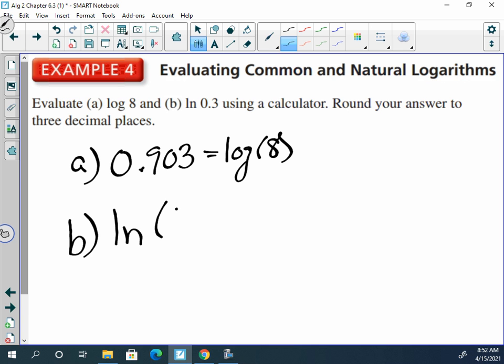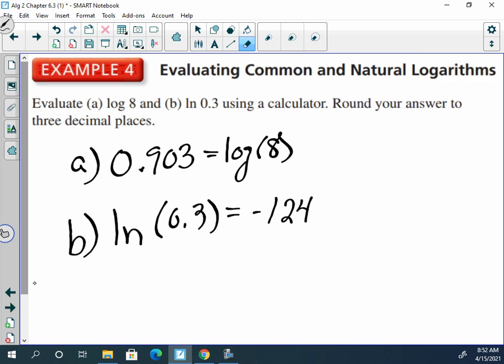Now, if we take the natural log of 0.3, we get what? If I put 124, that's actually just the rounding. 1204, but this is 1203. 1.2. I hate math. 1.20.